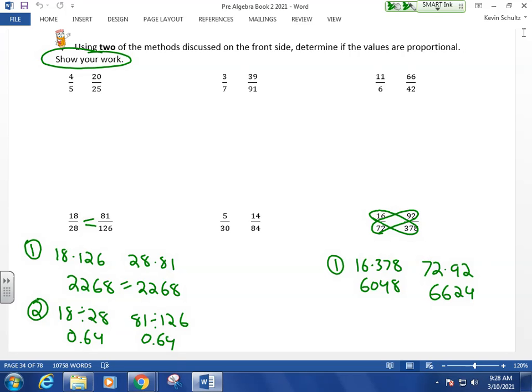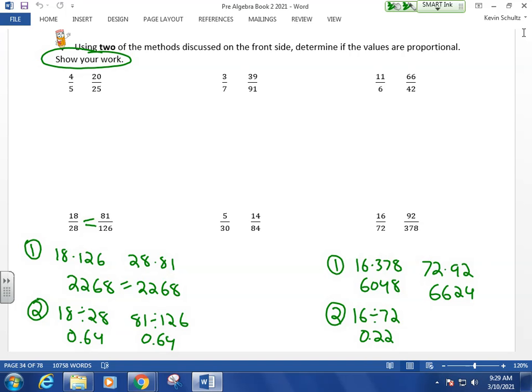But let's verify it by using a second method in case we made a mistake, pushed the wrong button on the calculator or whatever. So comparing decimal values here, method number 2, we're going to divide the fractions as they are vertically. 16 divided by 72 is 0.2 repeating.